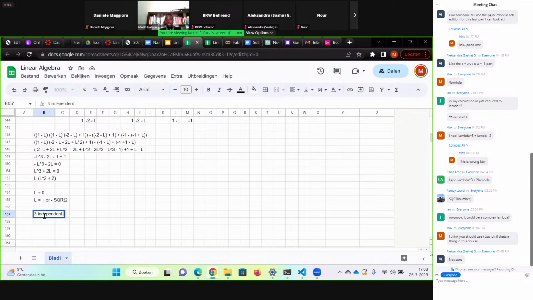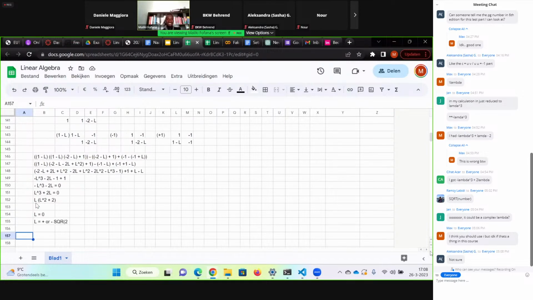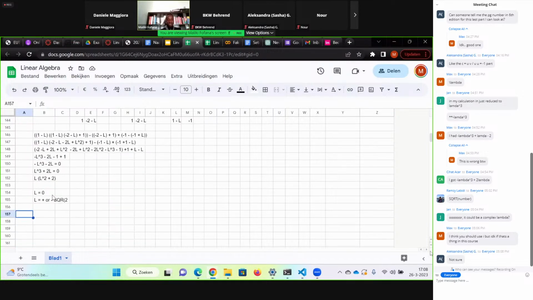Wait, that's the answer already. If the matrix has linearly independent eigenvectors, then it's diagonalizable. Yeah, okay, thank you. That was what I was looking for. As I said, if you look at the theory, we have to do question 5 and the second one.